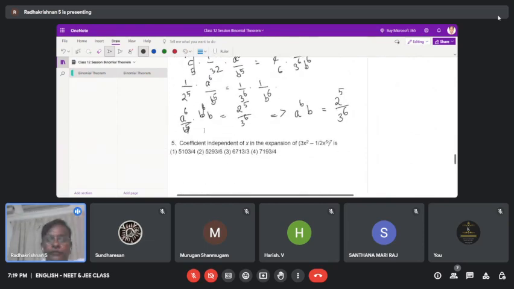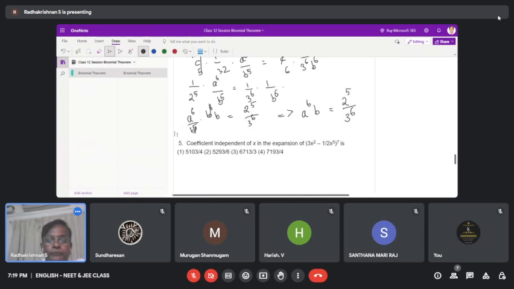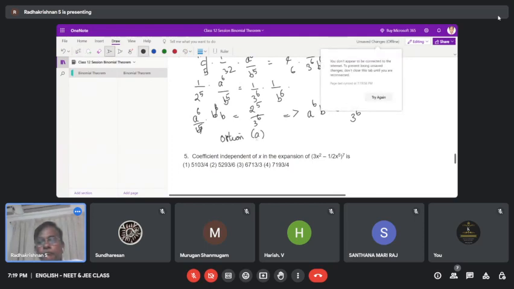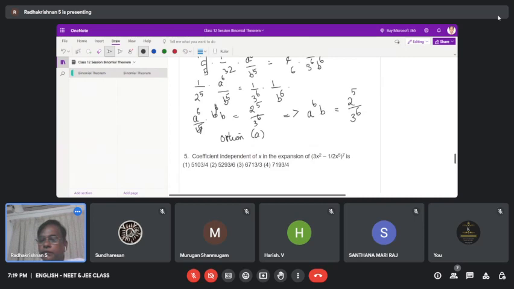So what did you find difficult in this problem? I see that Harish and Santana Mariraj have joined later. Did you try this problem?